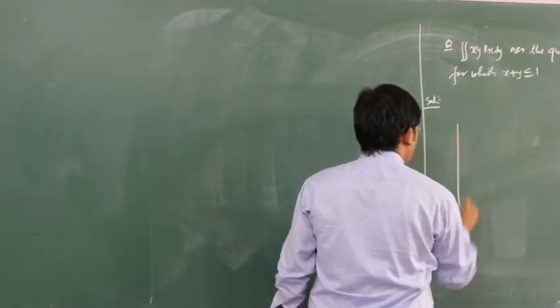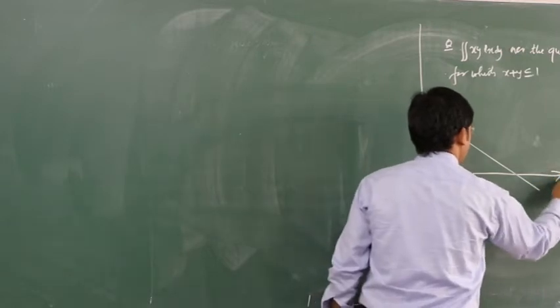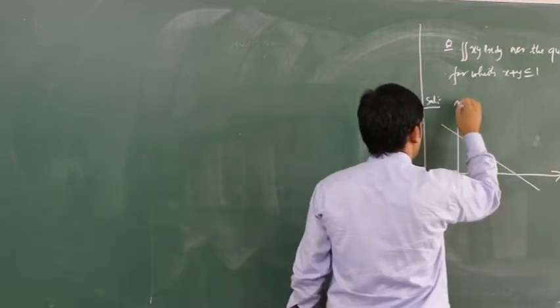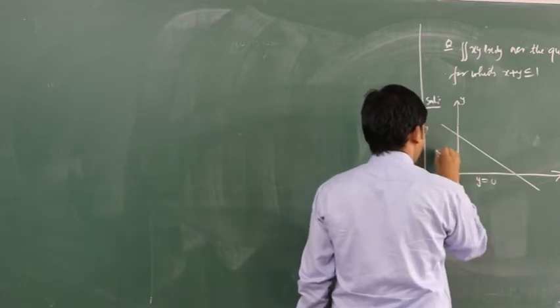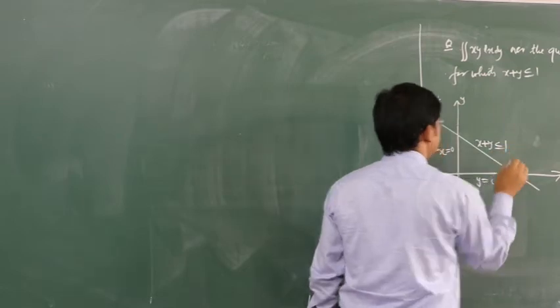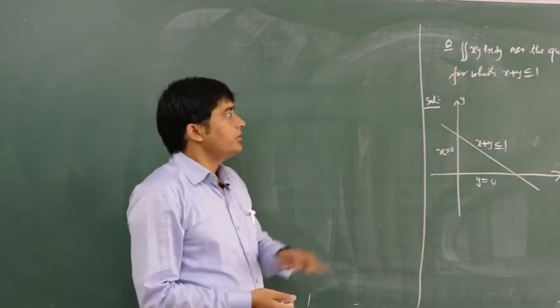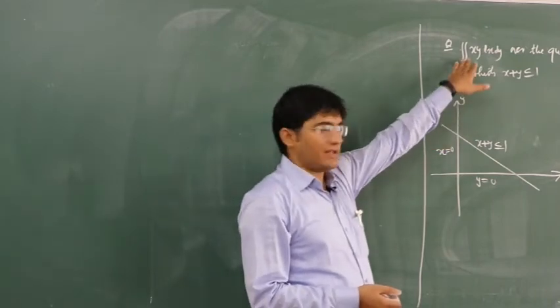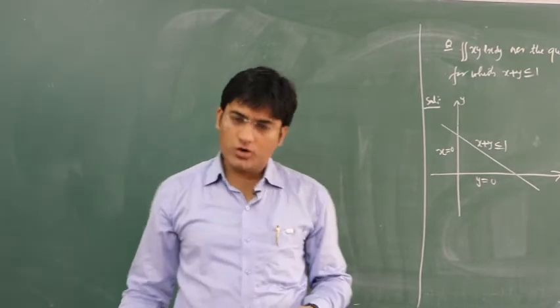Here, in our case, x plus y is less than or equal to 1. So say this is your x-axis, this is your y-axis, this is y equal to 0, this is x equal to 0, and here we have x plus y less than or equal to 1. Now, we have not been given any limits, so let us find the limits of x and y. Here we have two choices.